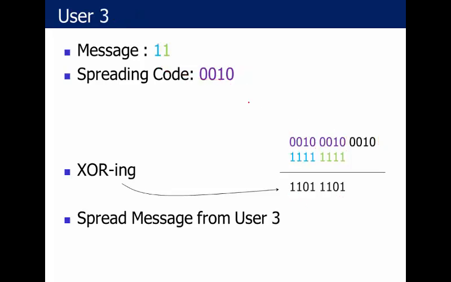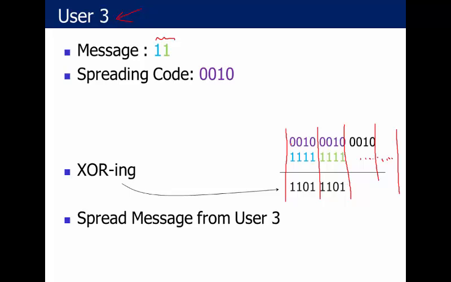Similarly, we have another message from another source, which has a different spreading code, and of course different messages. The idea is the same, so we can send more and more chipsets.